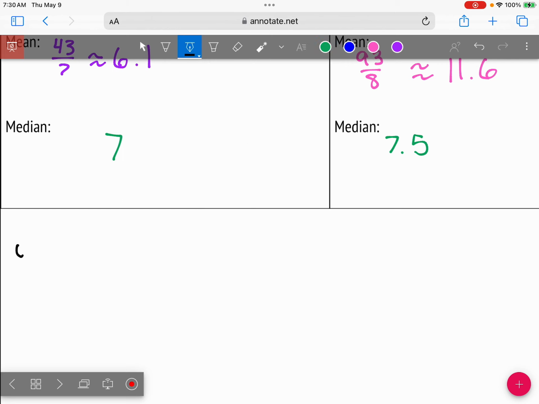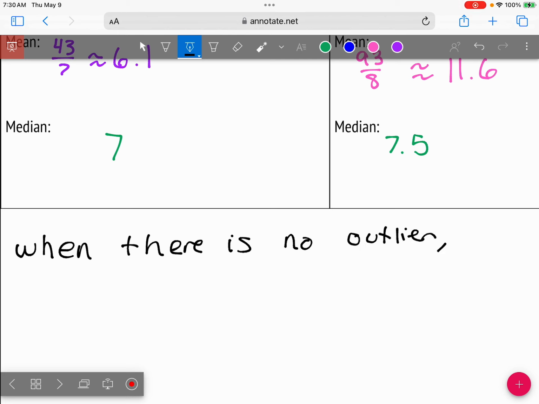Well, when there is no outlier, we tend to use mean, because it's the most accurate measure of center. It's giving us our average. We like averages. Oftentimes when we're looking at tests, we're looking at the class average.